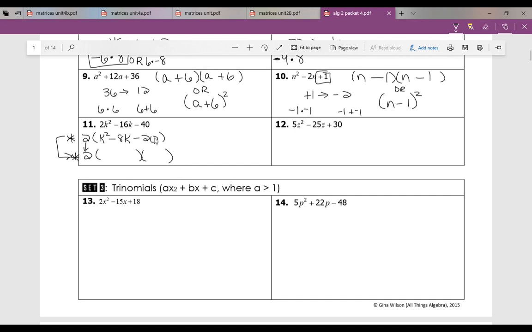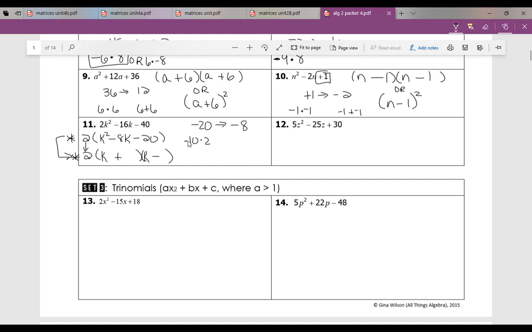Now, looking at my signs, I know I need one positive, one negative. I'm going to split my k, and then I'm going to hope that I can find factors of negative 20 that add up to negative 8. 5 and 4 adds up to 9. Okay, 10 and 2. Which one needs to be negative to produce the negative 8?